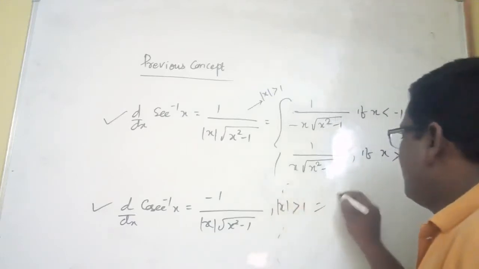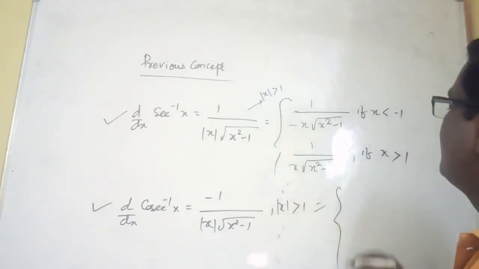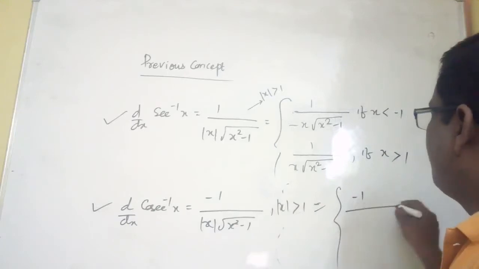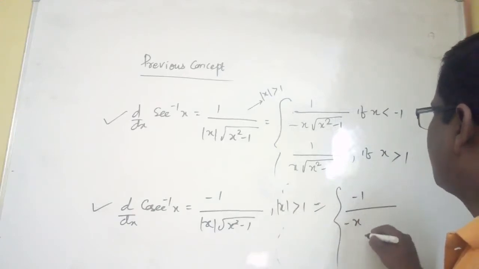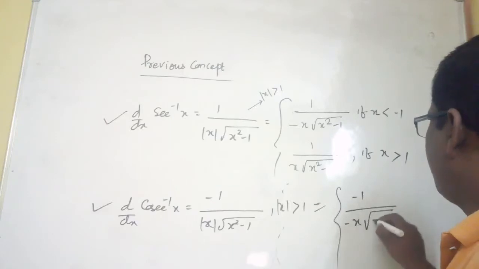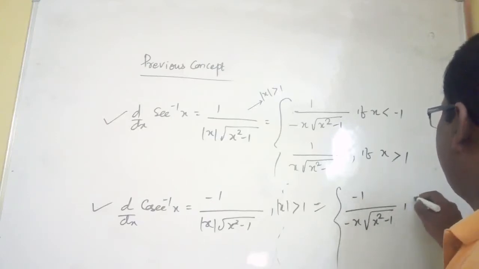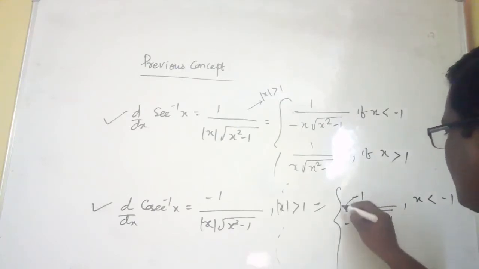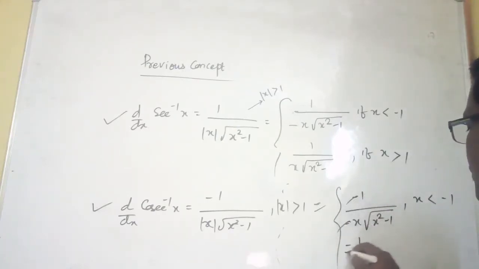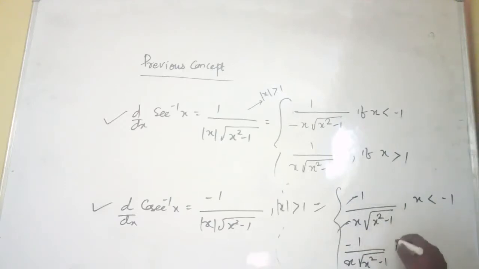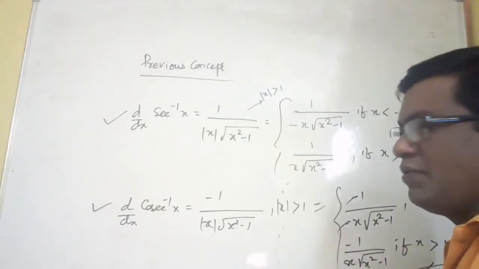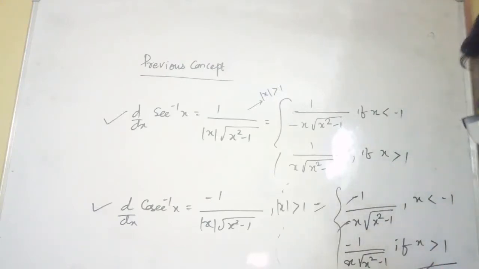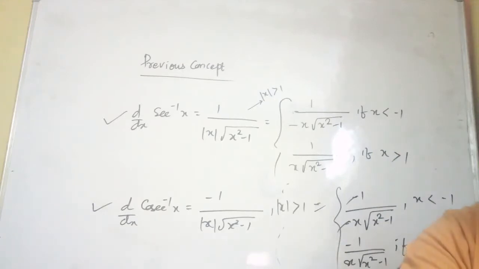That means this is equal to -1 by minus x, so the minus cancels, root over x square minus 1 if x is less than -1. And -1 by x into root over x square minus 1 if x is greater than 1. These are two possibilities of the derivative of sec inverse x and cosec inverse x.